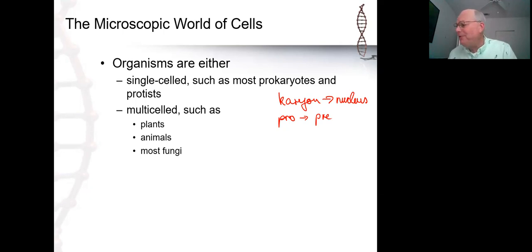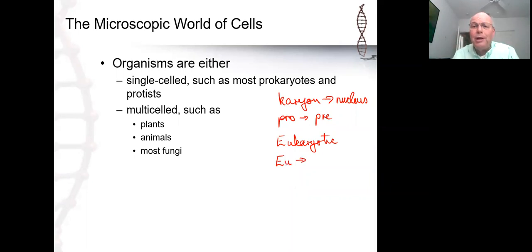The other type of cell is called a eukaryotic cell. So again, we have karyon involved, and it's talking about the nucleus. The prefix "eu" has a number of definitions, and I've talked to one of my colleagues that teaches Latin at Valencia, and he said there are a number of different ways that you can interpret this.